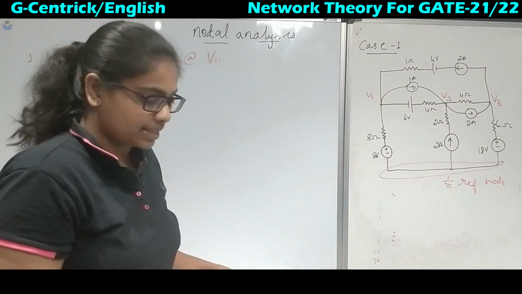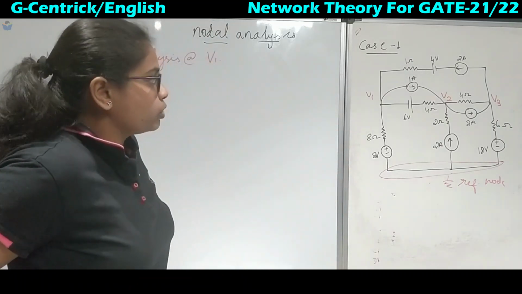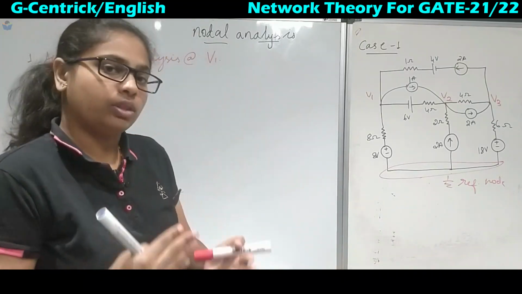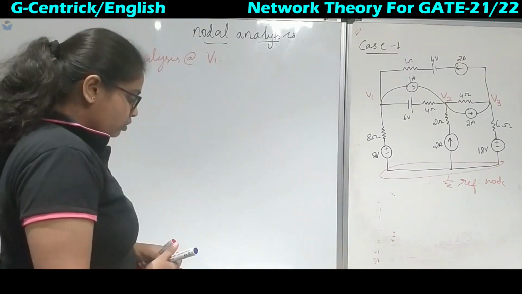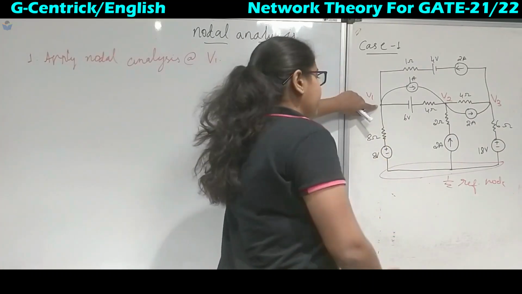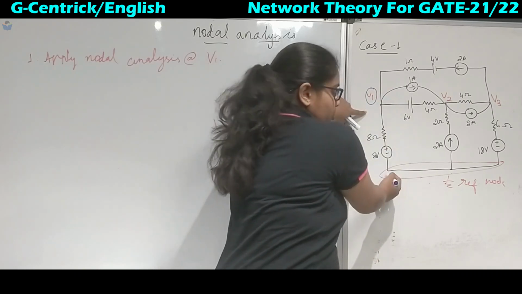So what does KCL say? Outgoing current will be equal to the incoming current. So first we will write all the outgoing currents on one side and equate it to the incoming currents. When you stand and observe from V1, this potential is higher than this potential.